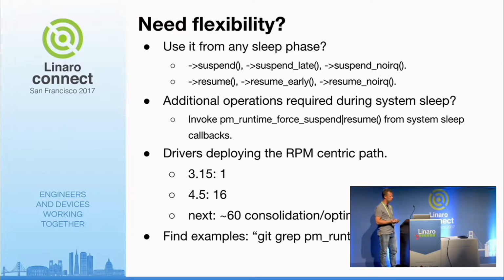And to deal with additional operations, like wake-ups that you need to configure when you go into system sleep, you can do that in your own set of callbacks, but from those callbacks actually call these helpers, and that takes care of all the corner cases that you get when you combine these two frameworks.